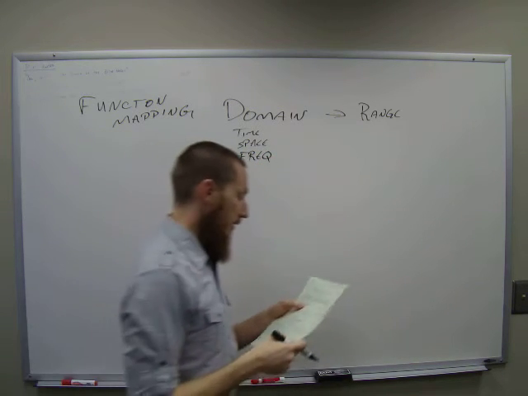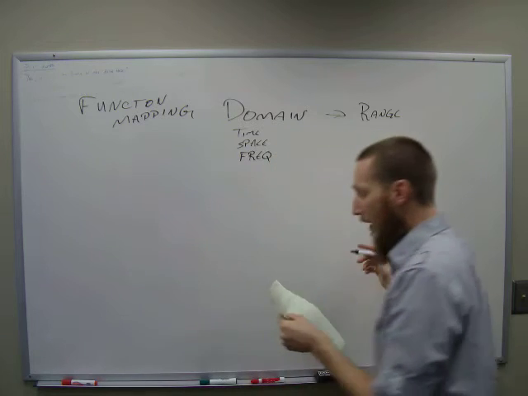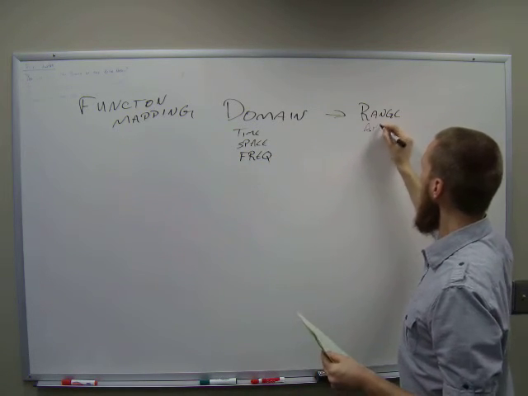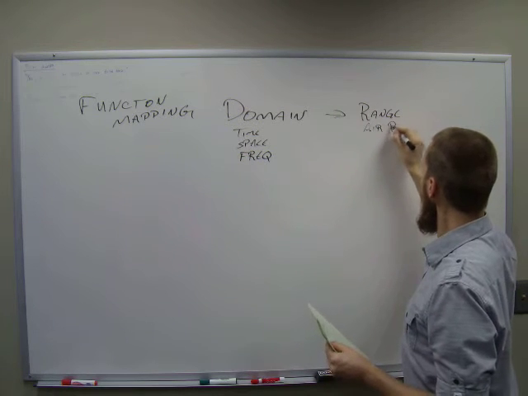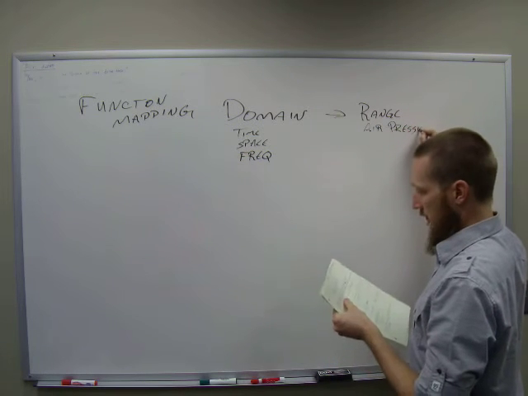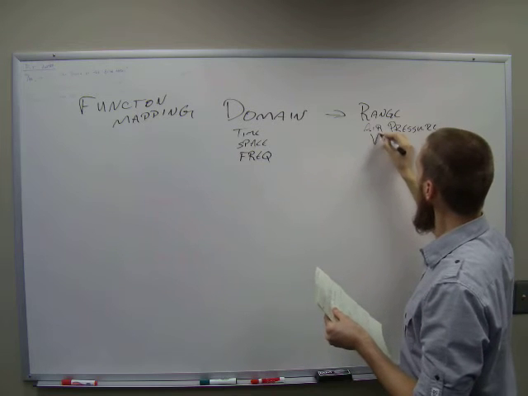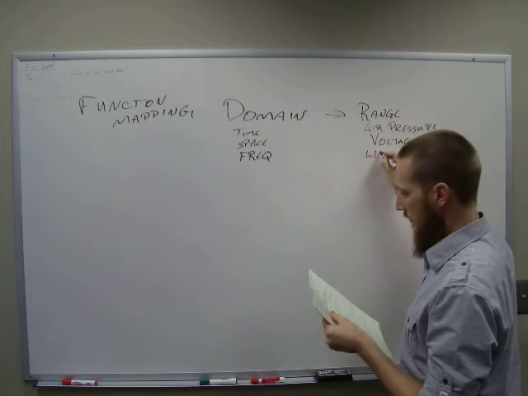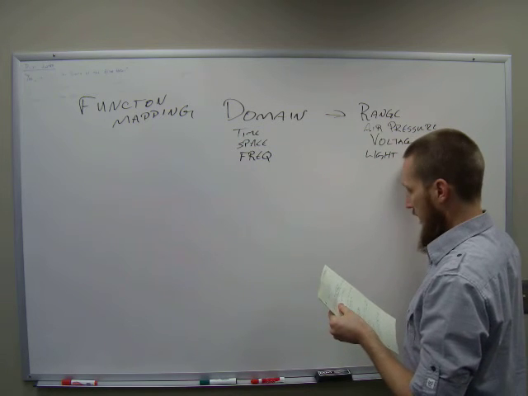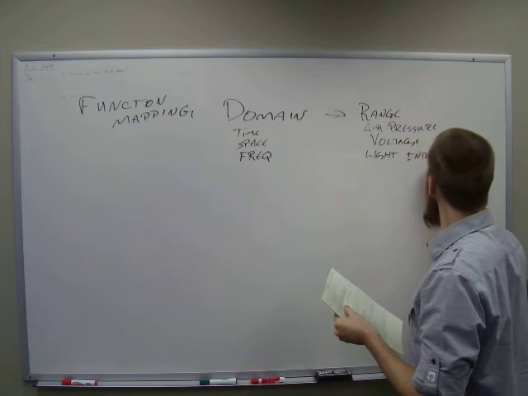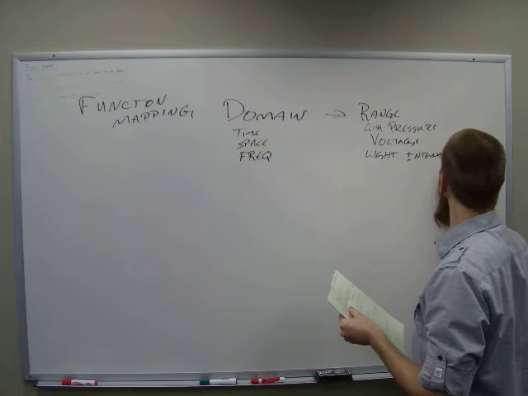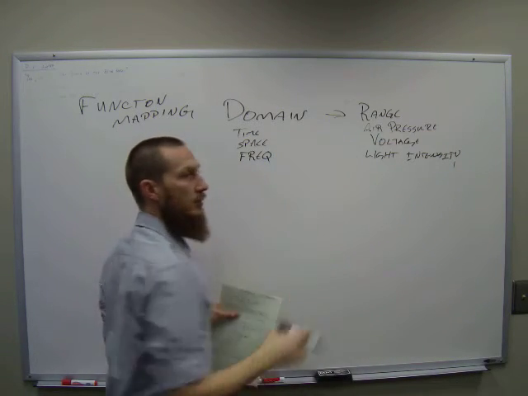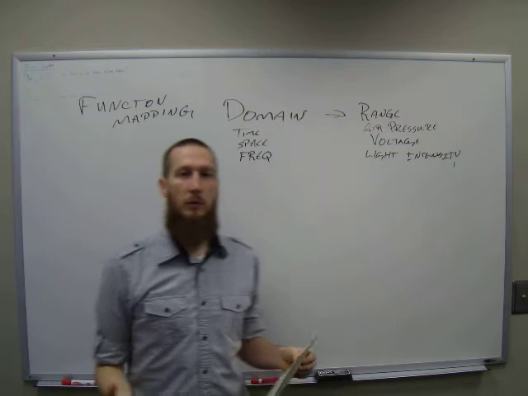The list goes on and on. They can map to many different things, for example, air pressure, voltage, light intensity, etc.